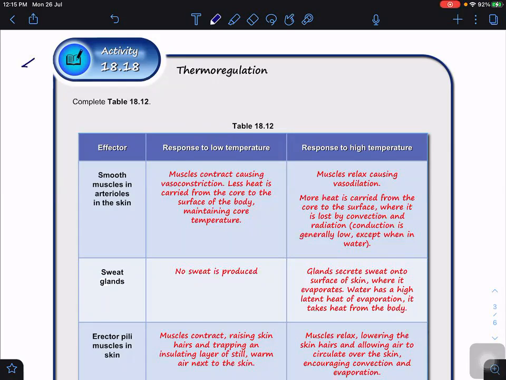So highlight Activities 18.18, which is very important, because you need to know how our muscles as well as the glands, including our behavior, regulate our body temperature through this process called thermoregulation. Okay, so we look at the first one.